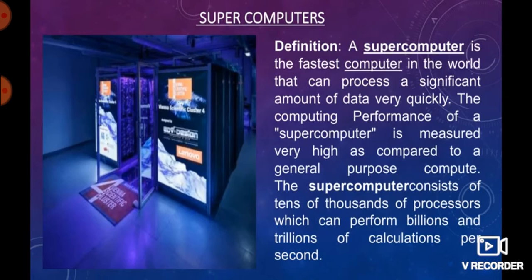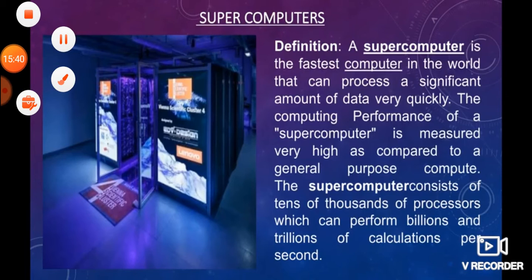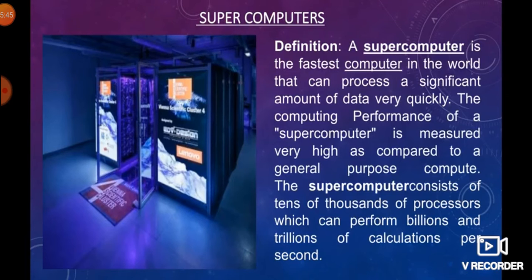A supercomputer is a multi-processor system in which thousands of processors are used for performing billions of calculations per second. So these are the most powerful computers among all the computers, and they work very fast. Supercomputers are the most powerful systems among all computer systems.